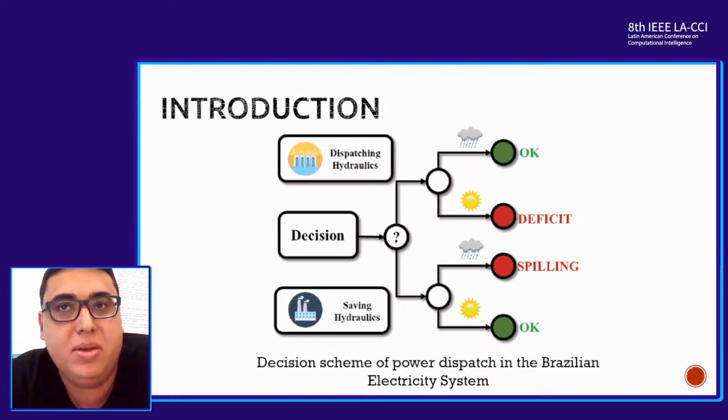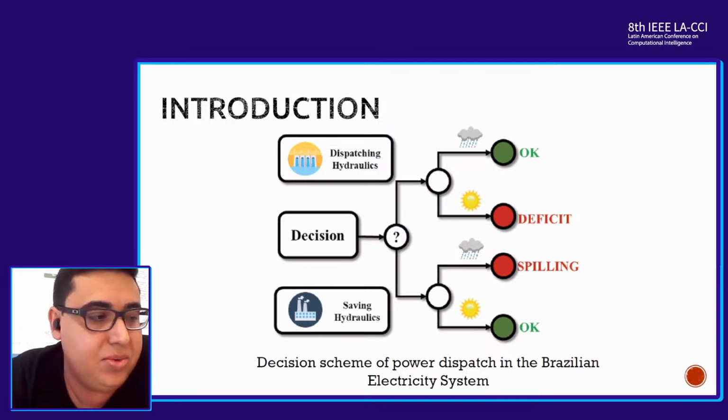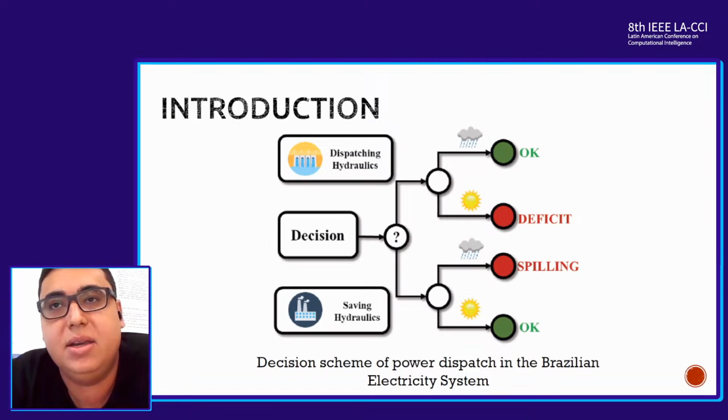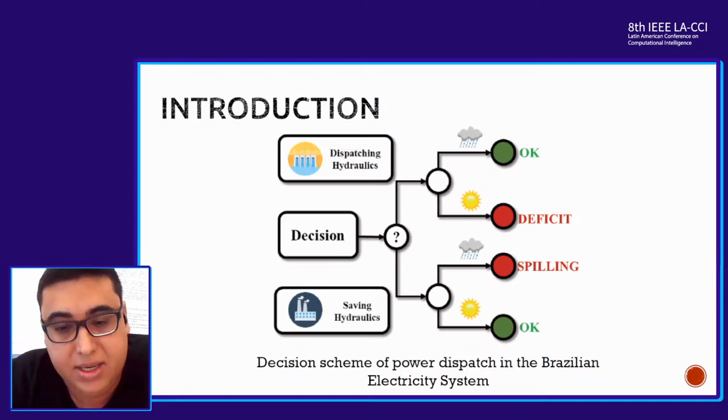If it is going to rain, perhaps the price of energy goes down, and if it's the opposite, if we don't have rain, perhaps the price of energy should increase, because we need to turn on some thermoelectric power plants, and this increases the energy price in the Brazilian energy market.